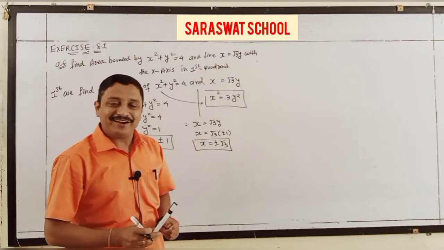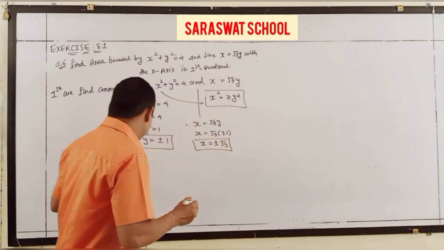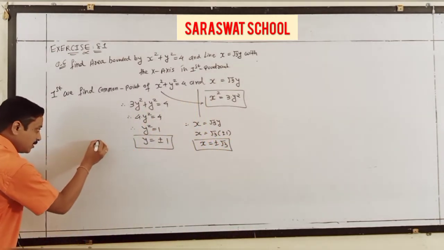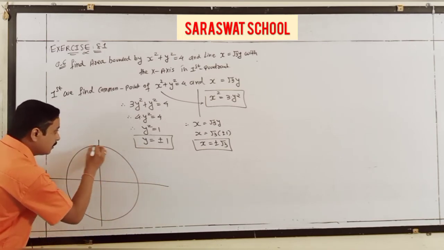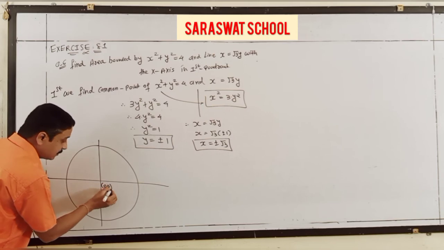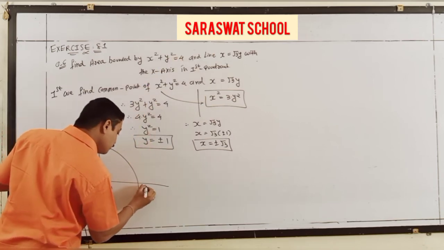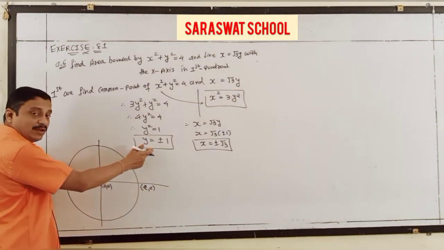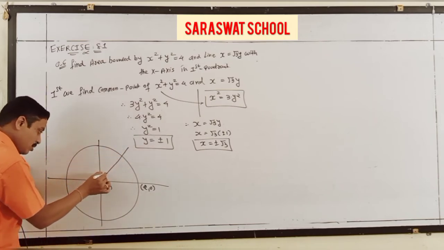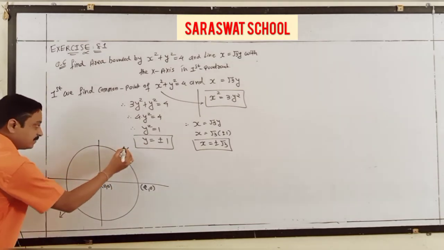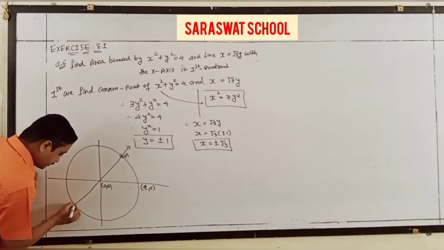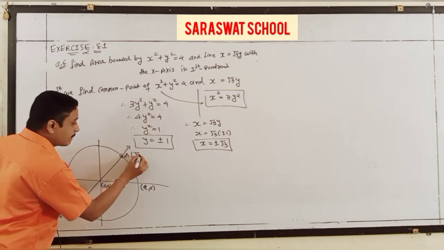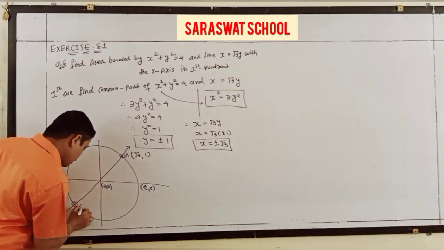Finally, x and y are done for circle and line. So students, your drawing is that here your circle, having center (0, 0) and radius 2, (2, 0). The line is also passing through here, so you can draw it passing through the origin. And this point, also that point: A is (root 3, 1), here B point is (-root 3, -1).